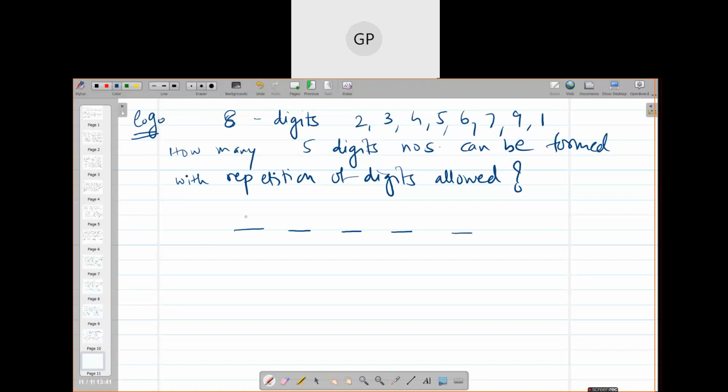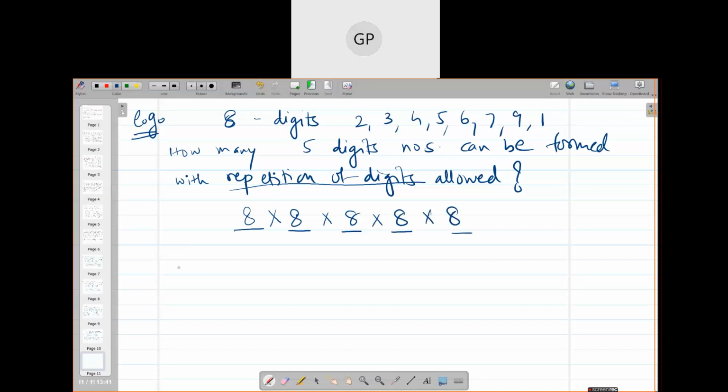8 digits. So suppose I am choosing number 3 here. Can I use the number 3 again in the second position? Yes, because repetition of digits is allowed. So each place has how many choices? 8 choices.